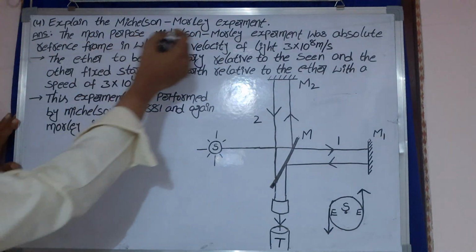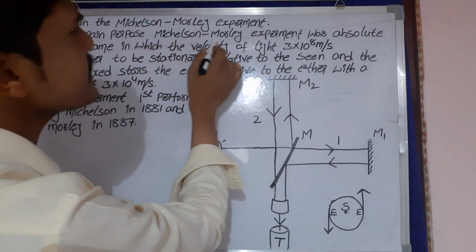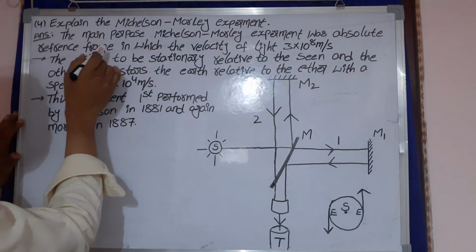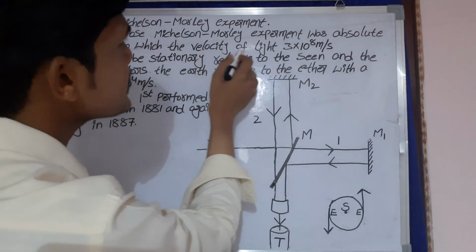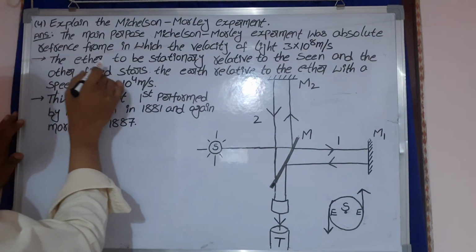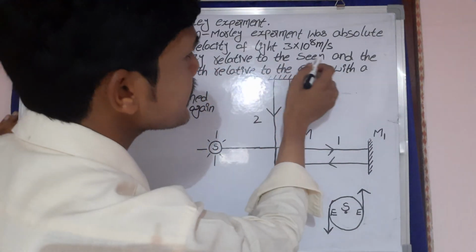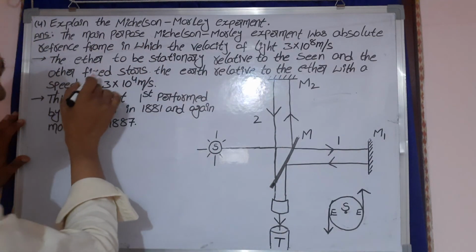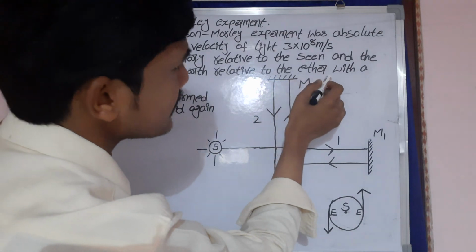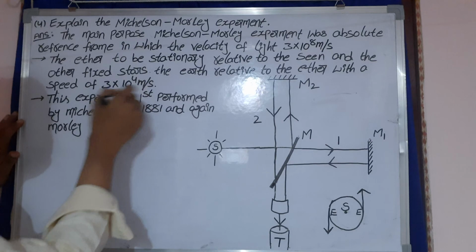The main purpose of the Michelson-Morley experiment was to detect an absolute reference frame in which the velocity of light is 3 × 10^8 meters per second, the ether being stationary relative to the sun and the other fixed stars, and the Earth moving relative to the ether with a speed of 3 × 10^4 meters per second.